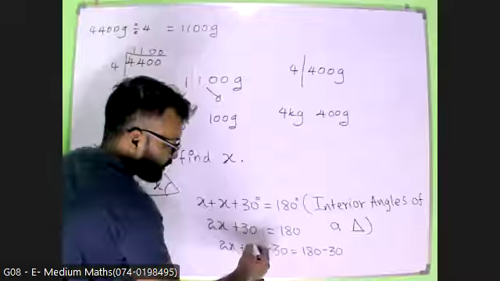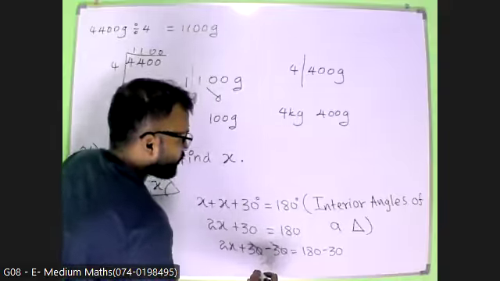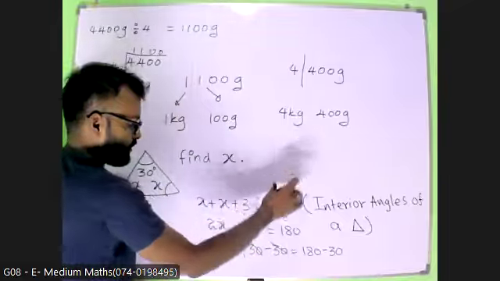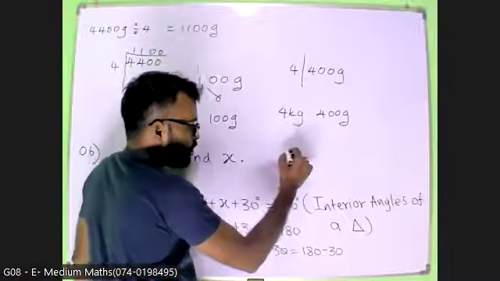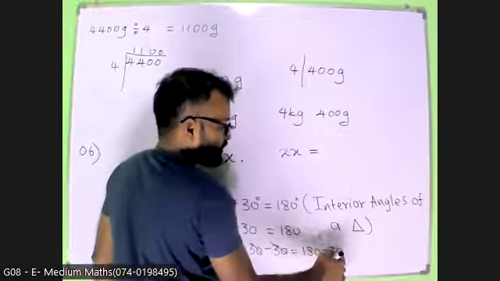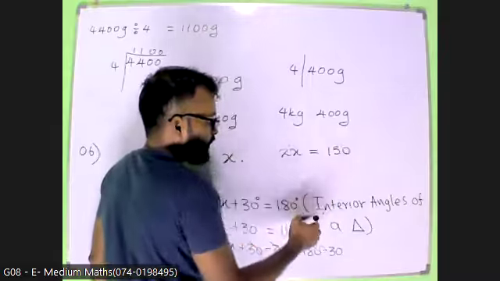Right? Cancel out. Then I will write it here. So my left hand side now I have 2x equals 180 minus 30, 150. Right?